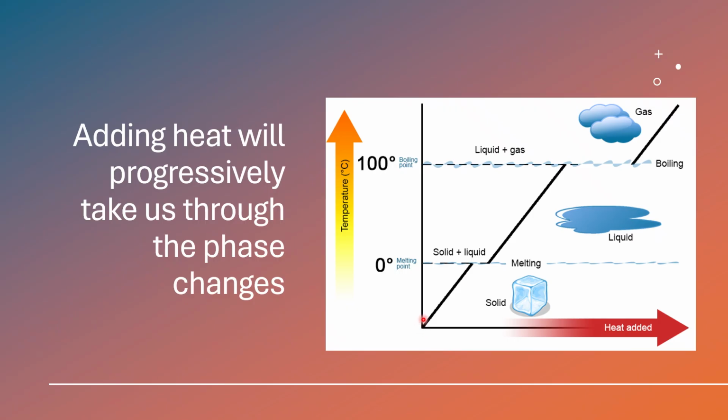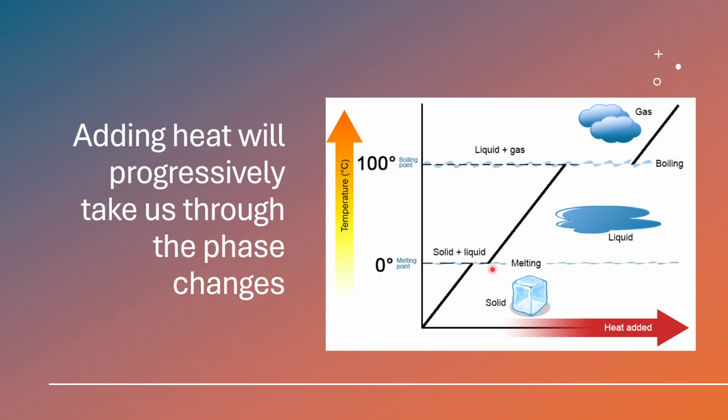And if we add heat, we will see the temperature rise. Heat is being added on the x-axis here. We will see the temperature rise on the y-axis until we get to the melting phase. The beginning of the melting phase, we're all solid, and by the end, we're all liquid.